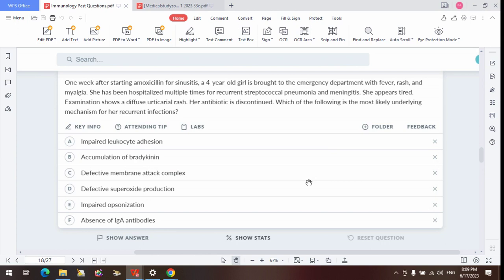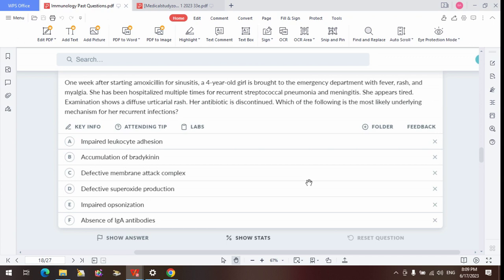Which of the following is the most likely underlying mechanism for recurrent infections? One week after starting amoxicillin for sinusitis, a 4-year-old girl is brought to the ED with fever, rash, and myalgia. She has been hospitalized multiple times for recurrent strep pneumonia and meningitis. She appears tired. Examination shows a diffuse urticarial rash. Her antibiotic is discontinued.